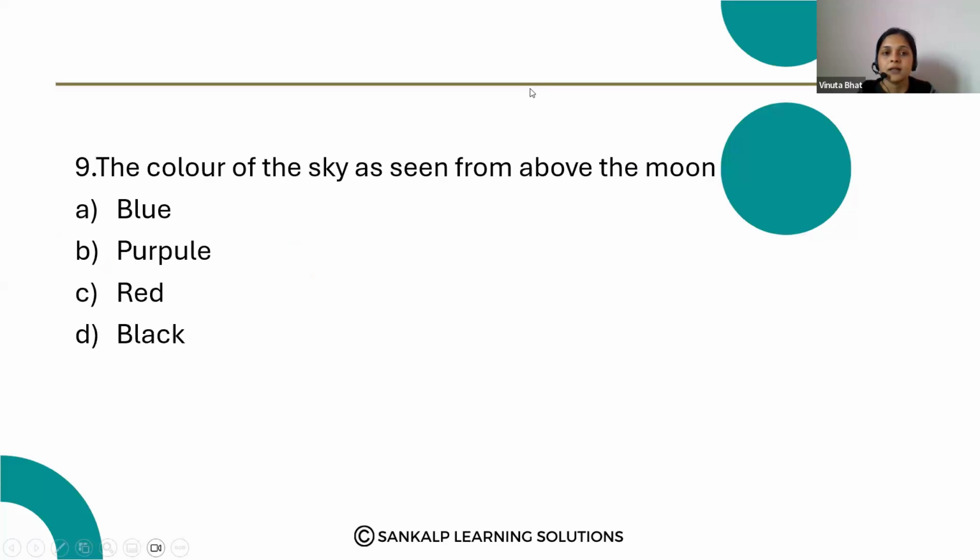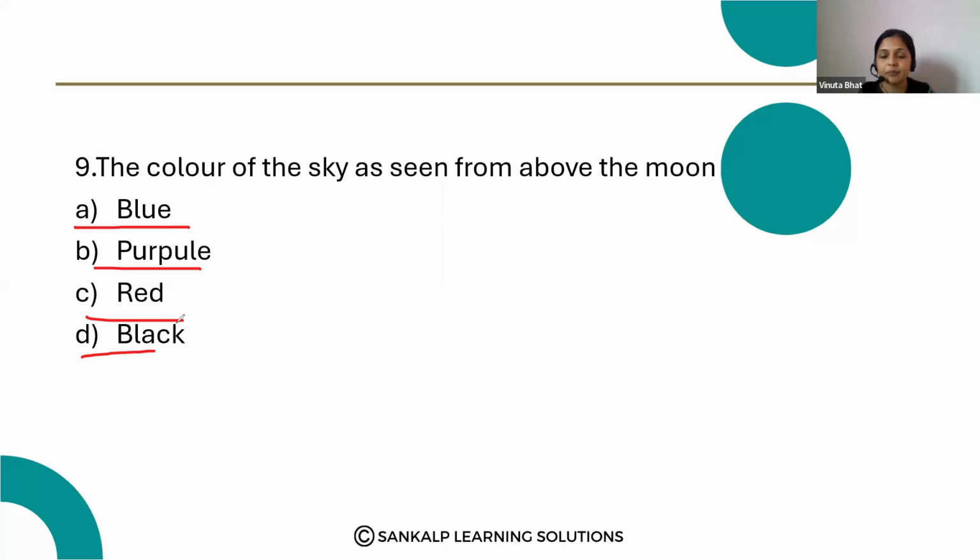Next question. The color of the sky as seen from the moon: blue, purple, red, or black. I already told you that a clear sky from the earth looks blue. But when you observe the sky from the moon, in which color does it appear?